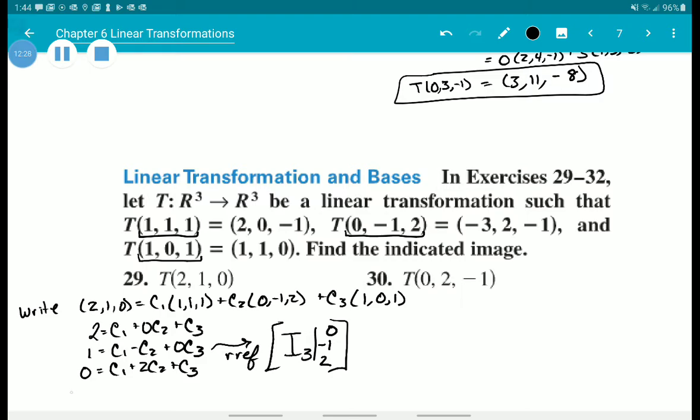So here's what we know. We know we can write 2, 1, 0 as 0 times the first vector minus 1 times the second vector plus 2 times the third vector.